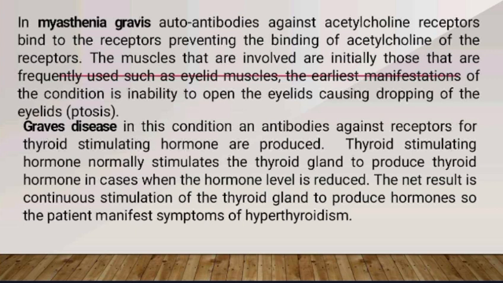Graves' disease. In Graves' disease, the overproduction of thyroid hormones is caused by autoantibodies binding to thyrotropin receptors on thyroid follicular cells. Normally, blood levels of thyroid hormones control the pituitary production of thyrotropin.